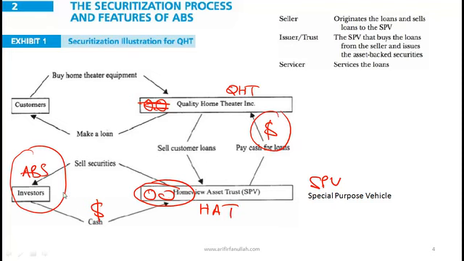The whole point is, if investors see this shiny, good collateral that they can touch and feel and put their claim on, they are willing to invest at a relatively lower cost. So this structure reduces the cost of funding.